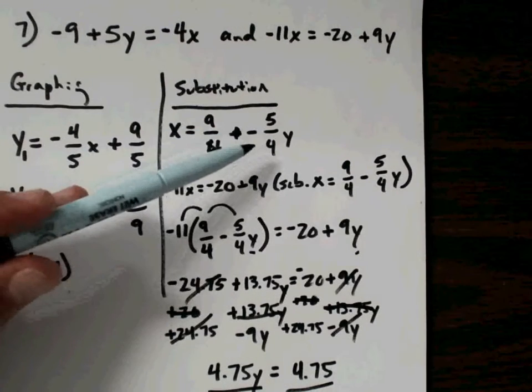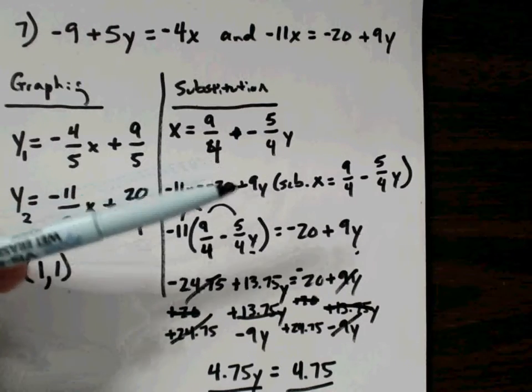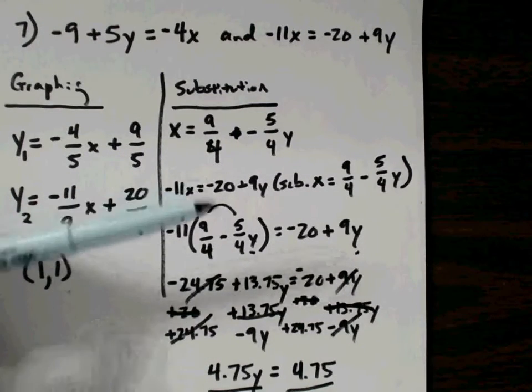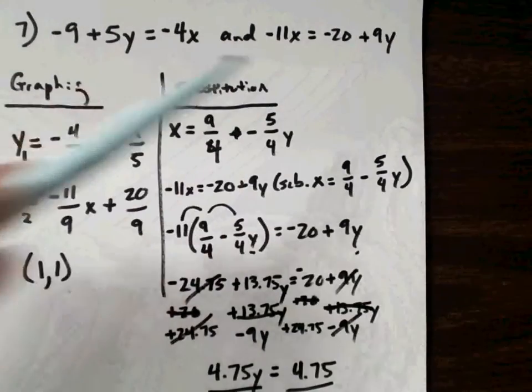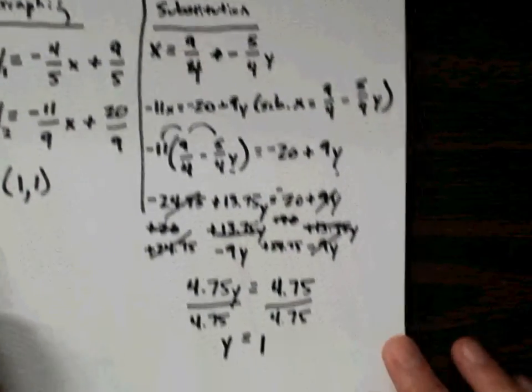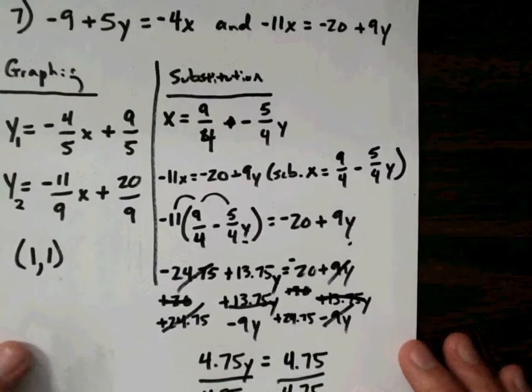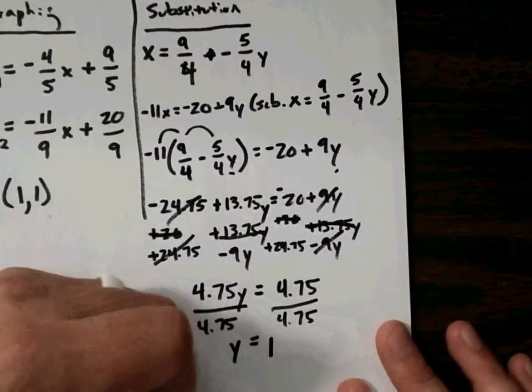Would it be good to go back and plug it into this one? I wouldn't, because it's got fractions in it. I mean, you're going to turn them all to decimals anyway. But I'd pick one of these up here at the top to plug it into, just because there's no fractions involved. So I'll just choose the first one.